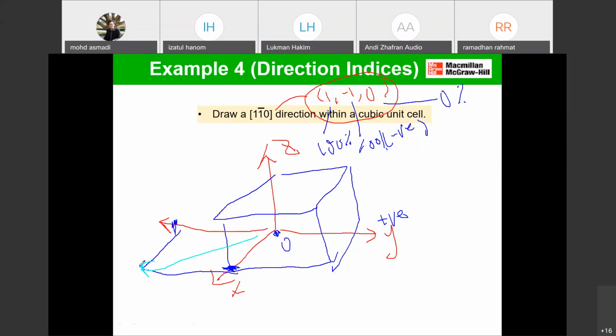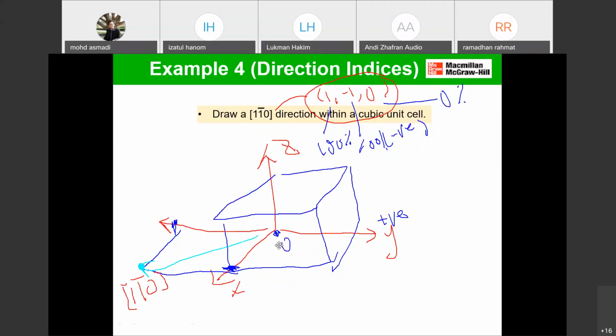Okay, this one is the position of 1. This is the position 1, -1, 0, in the bracket.